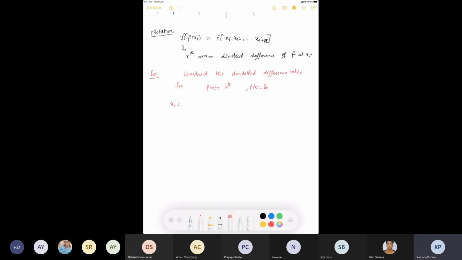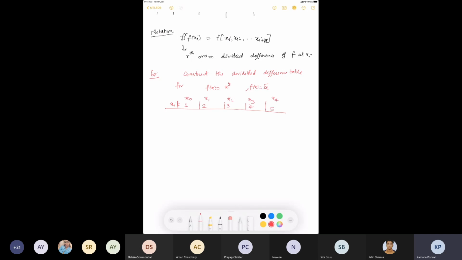So let me just write it in the form of a table. The values of the x's which you can consider: you can take 1, 2, 3, 4. So x0, x1, x2, x3, and x4 is 5.